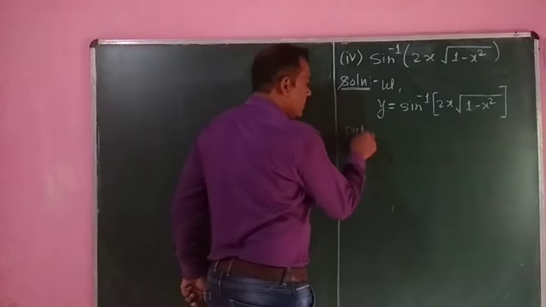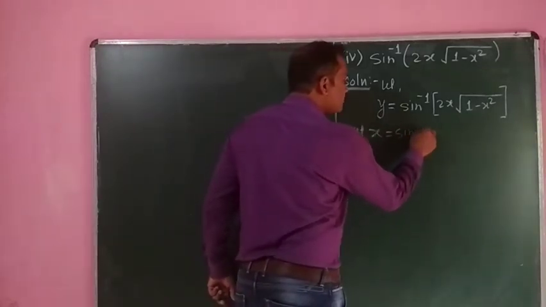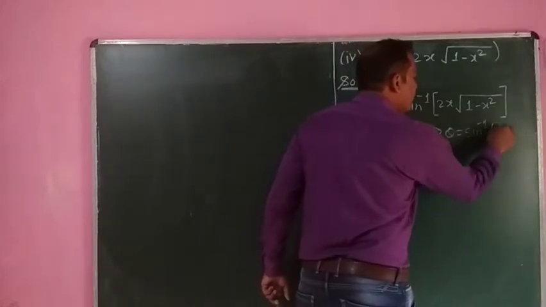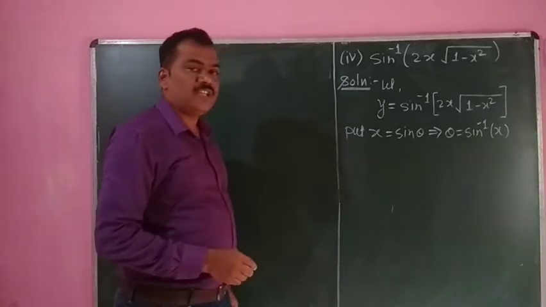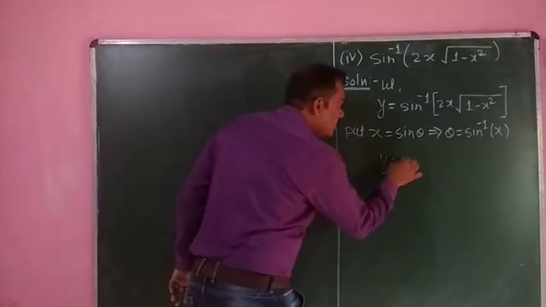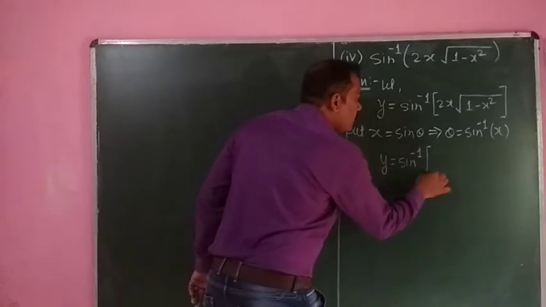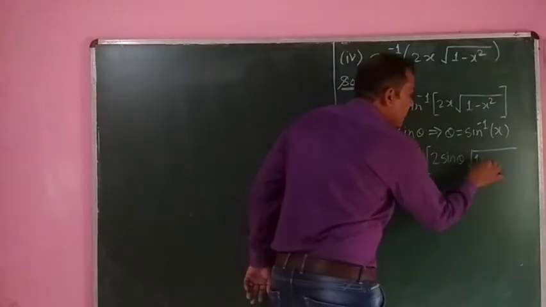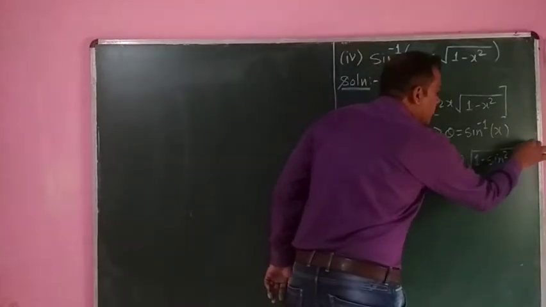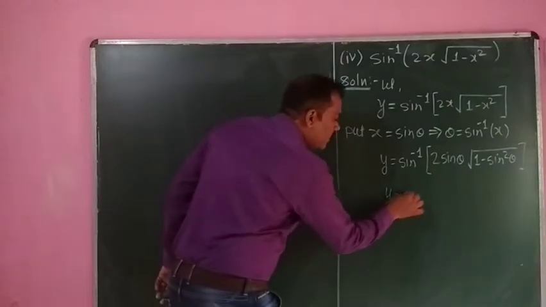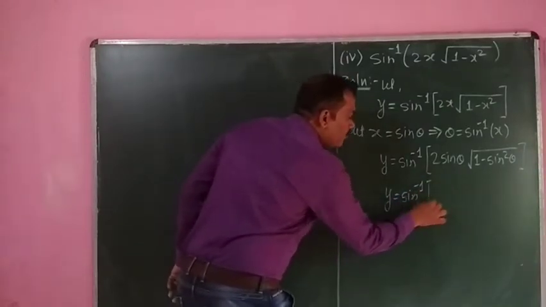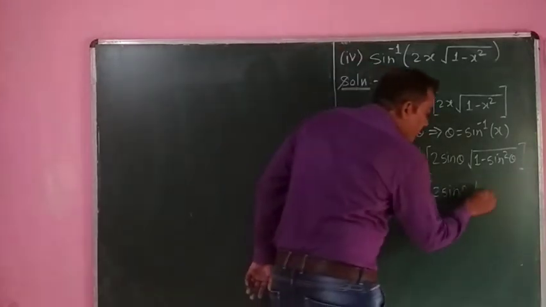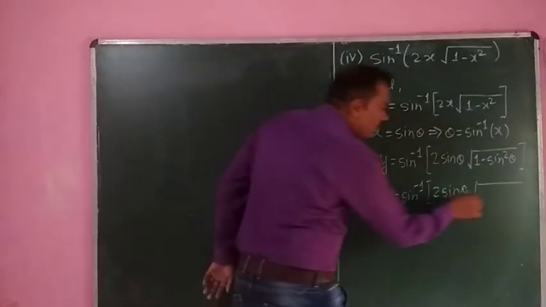So we identify that here we have to put x is equal to sin theta. This implies that theta is equal to sin inverse of x. If we put x is equal to sin theta, what do we get? y is equal to sin inverse of 2 times sin theta into under square root of 1 minus sin square theta, which is nothing but cos square theta.